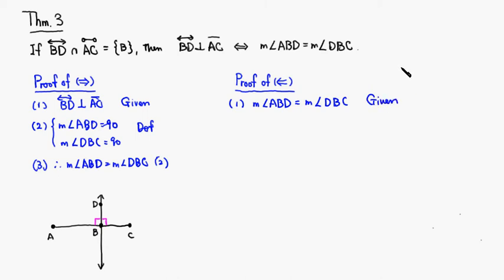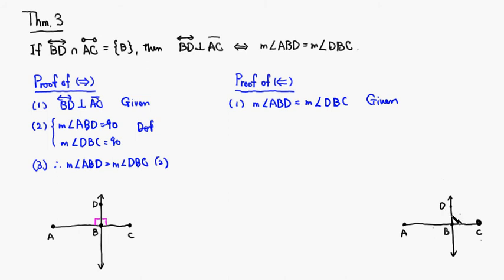Alright, so in this case, if you draw a picture, you have the same situation. So this is A, and this is C, and it looks like that. And instead of knowing that they are perpendicular, we actually just know that they have the same measure.